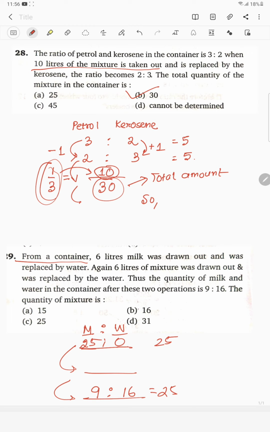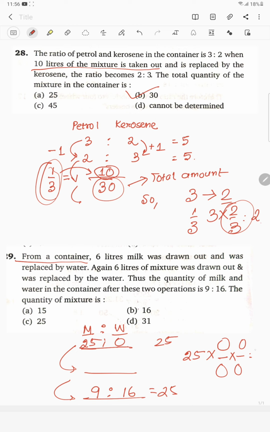So let's see here how we can get 3 to 2. 1 by 3 is getting replaced, so 3 is multiplied by 2 by 3, that's why we are getting 2. Similarly, 25 is getting multiplied by some fraction to get 9, right?